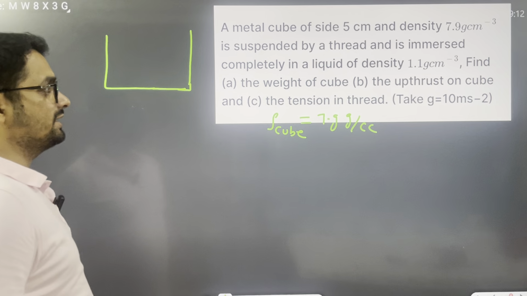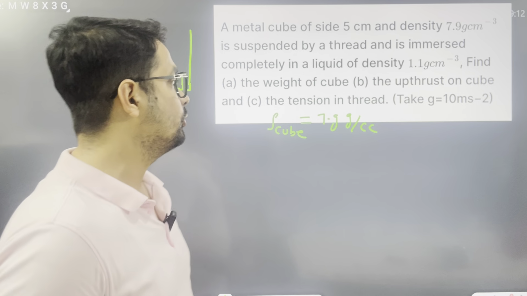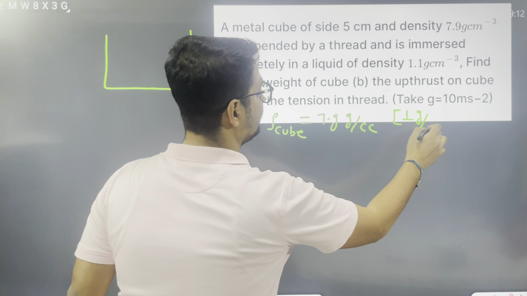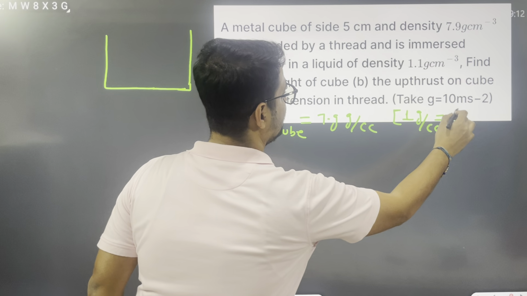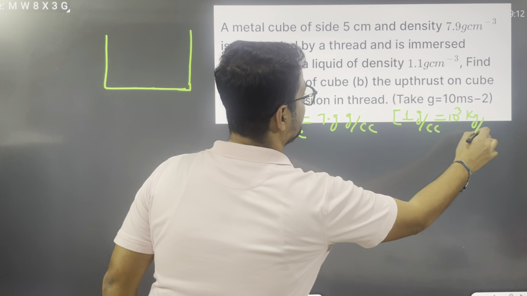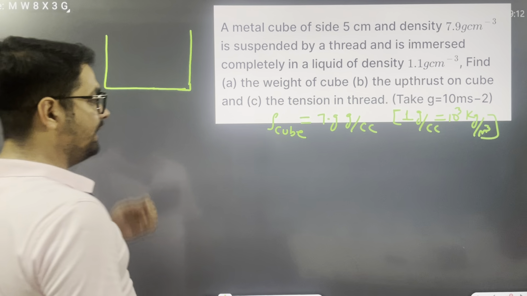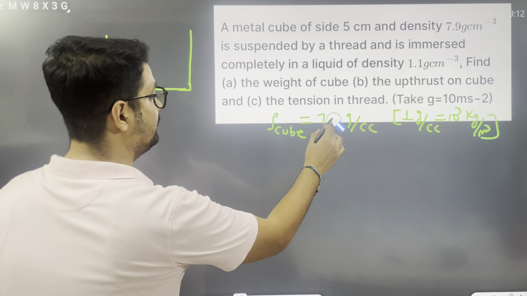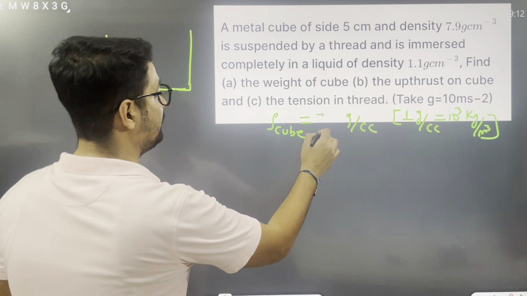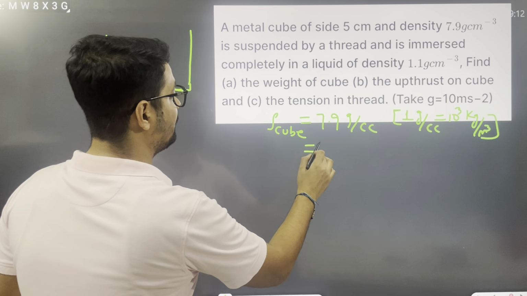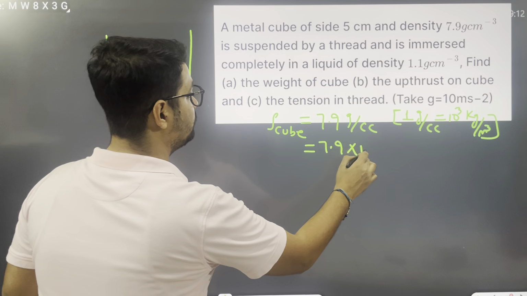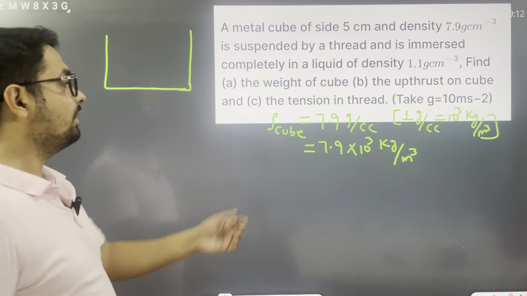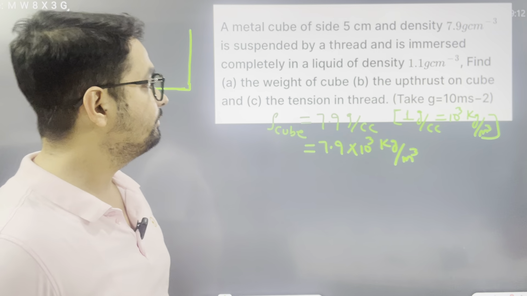Now one thing you should understand, 1 gram per cc means 10 to the power 3 kg per meter cube. So we can write it as 7.9 into 10 to the power 3 kg per meter cube. This is the density of the cube, correct?